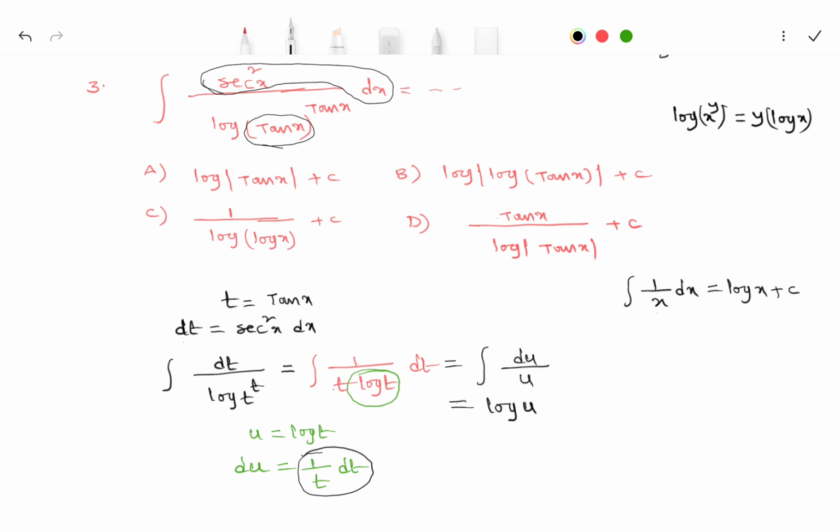But the question is given in terms of x, and u is in terms of t. So u equals log t, but this is still in terms of t, so again you write log of log t. What is the t value? t is tan x. So this is the final integral value.